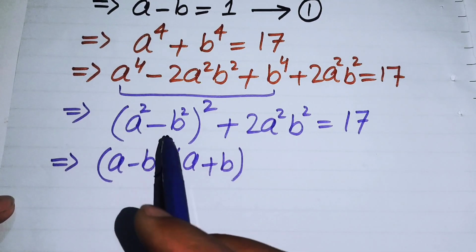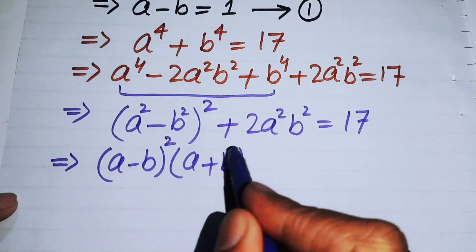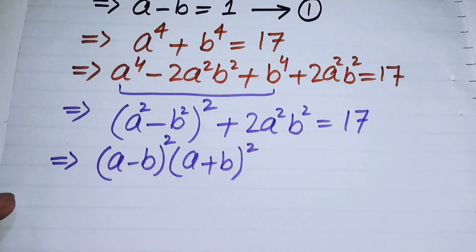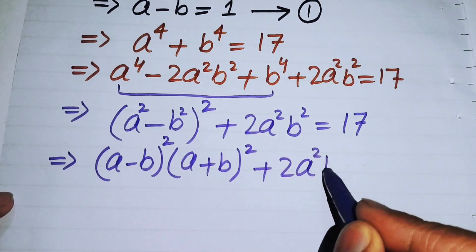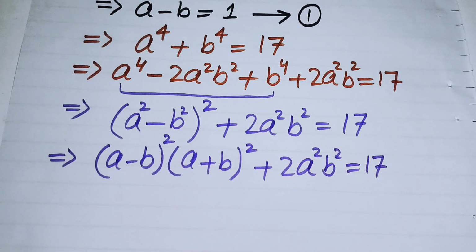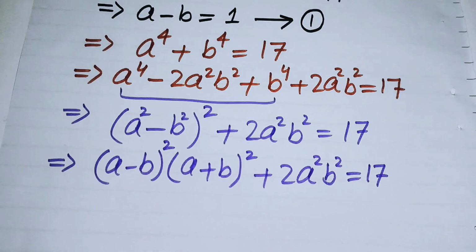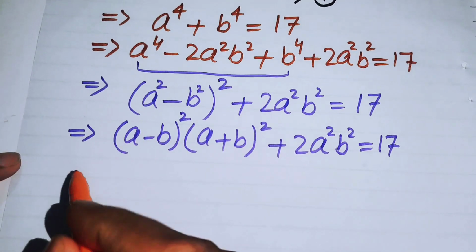But here we have the whole square of this term, so we put the square on these two factors, and we have plus 2a^2b^2 equals 17. In equation number 1 we have a - b = 1, so we use equation 1.